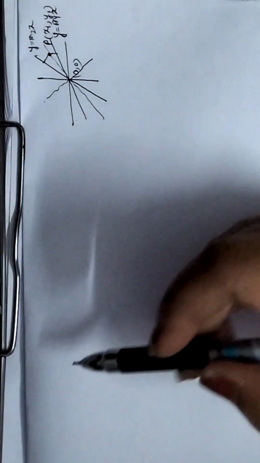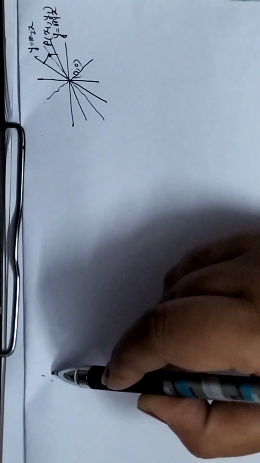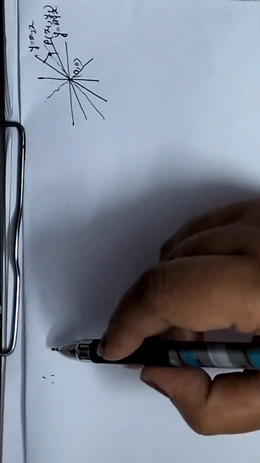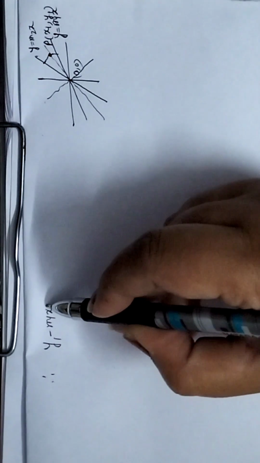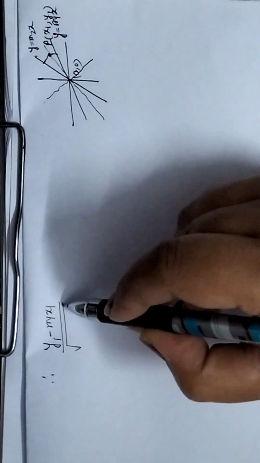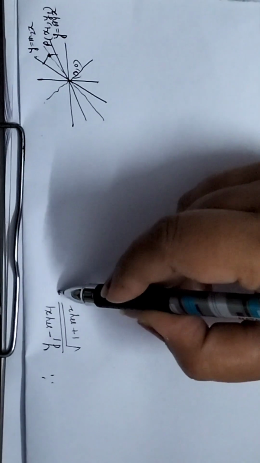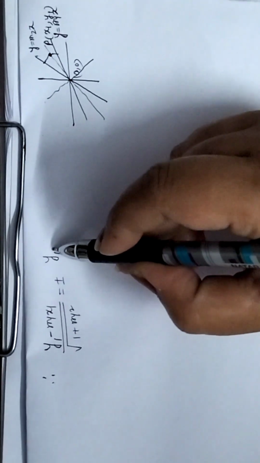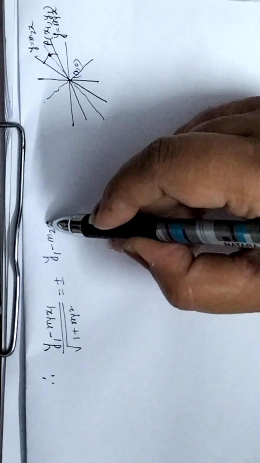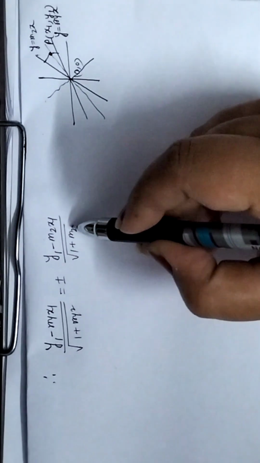So here by that logic, we can write y1 minus m1 x1 by root over 1 plus m1 square equals to plus minus y1 minus m2 x1 by root over 1 plus m2 square.